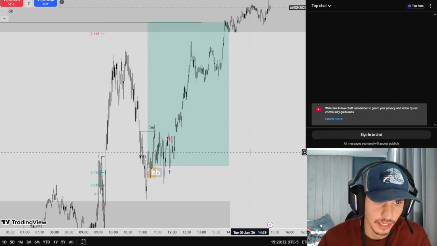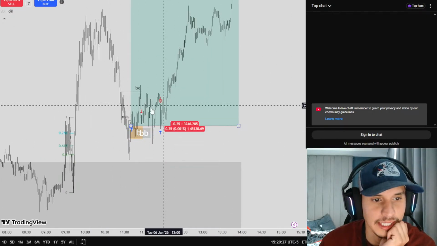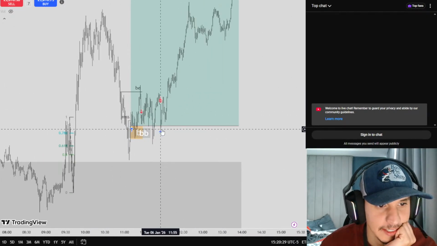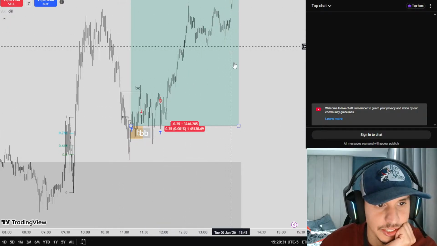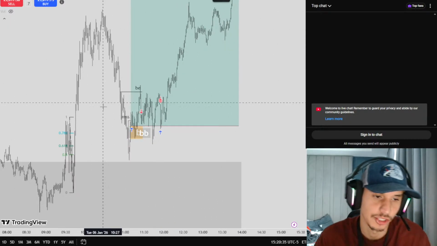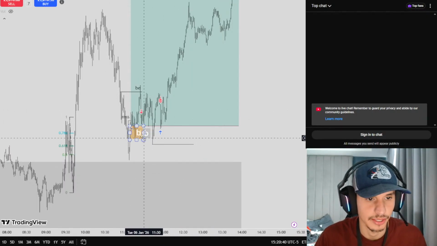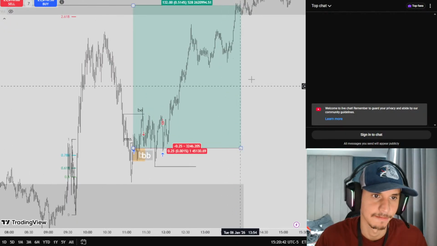We didn't give price a chance to deliver properly, but we gave it 2 tries at the same long. Right there, I got turtle souped and it just pumped. That was literally my stop loss. Should have had my stop loss down here instead of where it was.